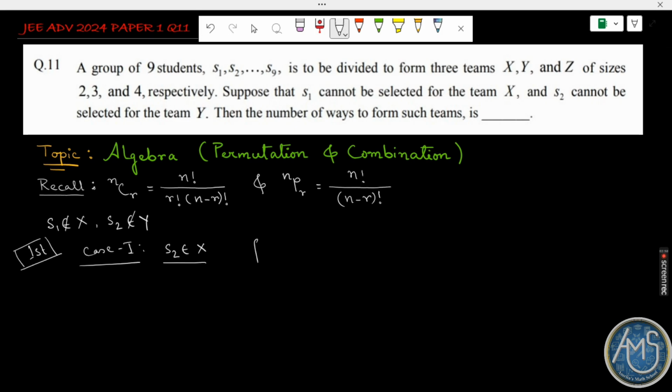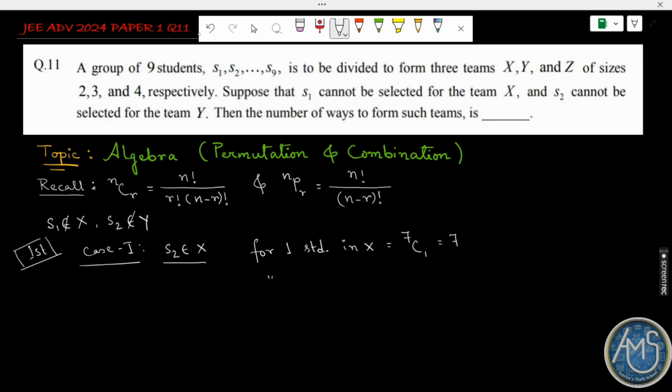So for one more student in X, we have to select. How many ways? Because S1 doesn't belong to X and S2 already belongs to X, we have only 9 minus 2, that is 7 students. And out of these 7 students, we have to select only 1 student for X because one student is already S2. So the number of ways is 7.